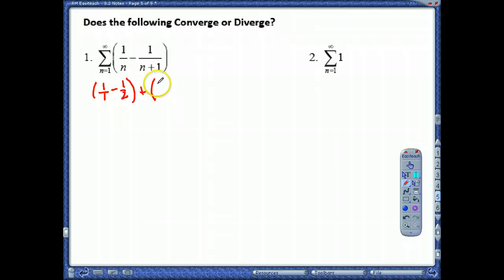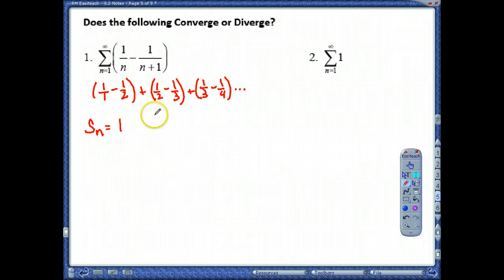So when n is 2, I'm going to have 1 over 2 minus 1 over 3. Plus, I'm going to have 1 over 3 minus 1 over 4. So it looks as though we are going to have that telescoping series. Now when I look at it, my first member in that series is going to be 1. The last guy is going to end up being that 1 over n plus 1 because this guy's going to cancel.